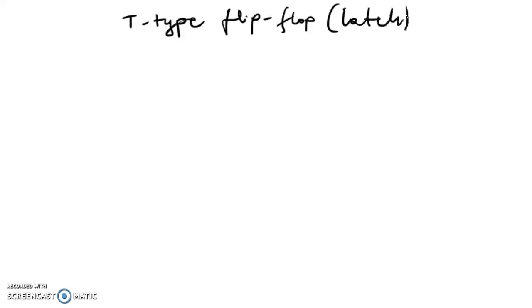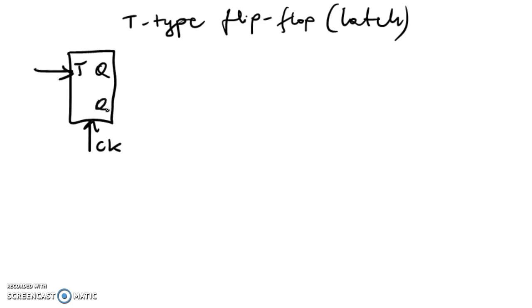So let's switch to T-type flip-flop, or simply T flip-flop, or T-type latch. And it is similar to D-type. It has a single input, of course, apart from CK input and Q and not Q outputs as usual.